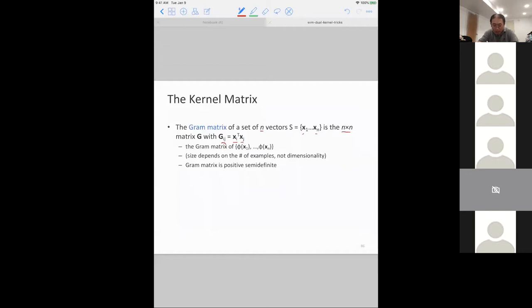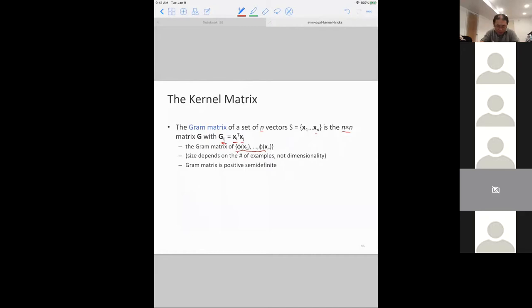So G_ij, the element at the ith row and jth column, is the inner product between the ith vector and the jth vector. In general, we can assume that we conduct some nonlinear feature mapping on top of the n vectors, so our mapped feature vectors will be phi(x1) to phi(xn). Then we can construct our Gram matrix on these n mapped feature vectors.